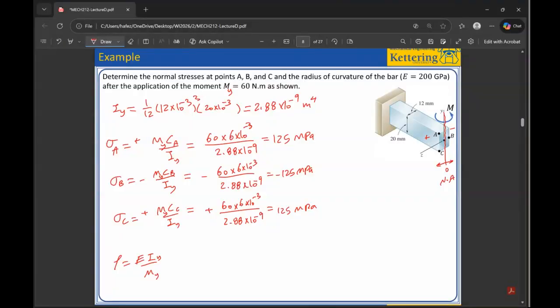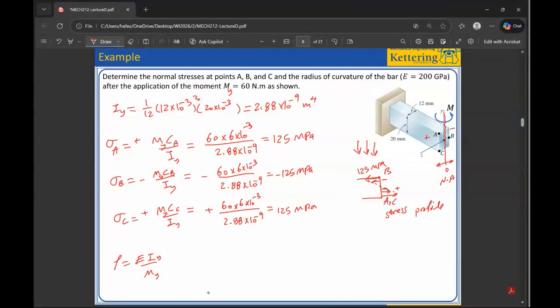So really follows intuition. So if you view from the top, then this would be point B, and this would be A and C. So on B, we have negative, on A and C, we have positive. So 125 megapascal. So again, this is stress profile. All of it is positive that you're pulling, and all of it is negative.